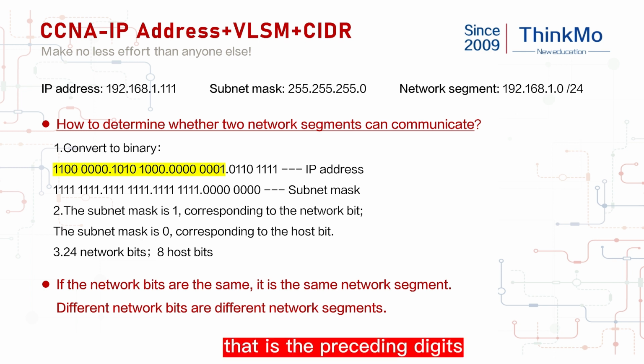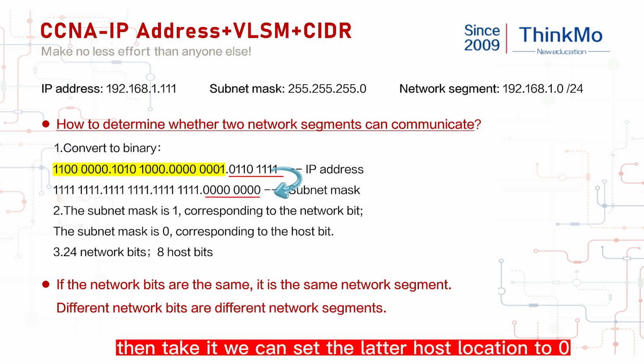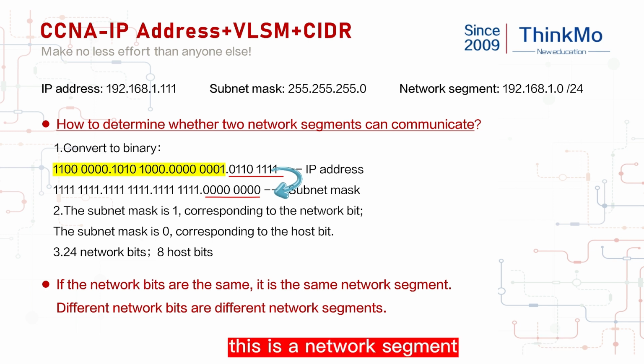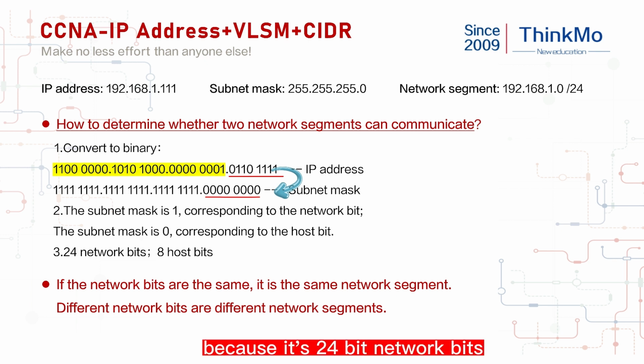That is the preceding digits, and we set the latter host part to 0. This is a network segment with a 24-bit mask. Because it's 24 network bits, we can write it in this form.